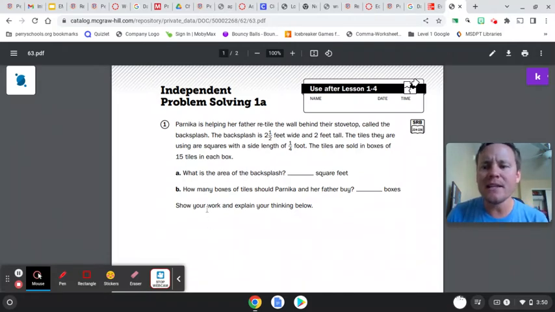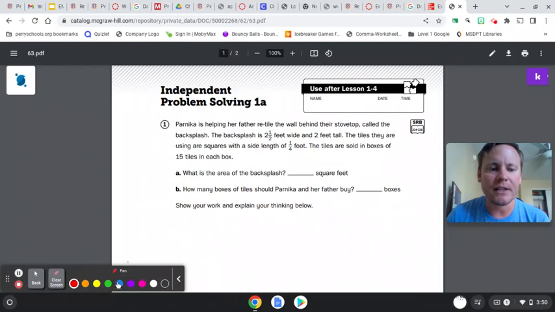While I'm reading this, I'm going to use some cubes in action. So let's take a look at this question here. Pernika is helping her father retile the wall behind their stovetop, called the backsplash. The backsplash is 2.5 feet wide and 2.5 feet tall.